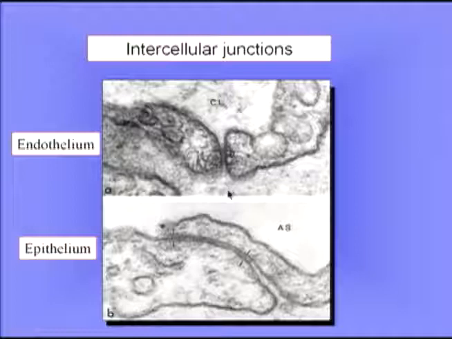By contrast, if we look at the intercellular junction for the epithelium, we see it's completely different. It's a bit like two layers of Velcro stuck together. It's long, as you can see, and looks very tight, and that is consistent with what I indicated before, and that is that the permeability of the alveolar epithelial layer is very, very tight.